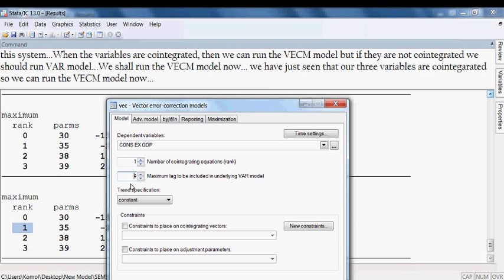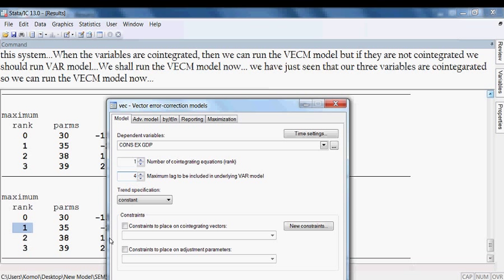I am putting 4 as the maximum lag, but the whole thing will become 3 lags, and 3 lags have been recommended by the lag selection criteria that we did previously.